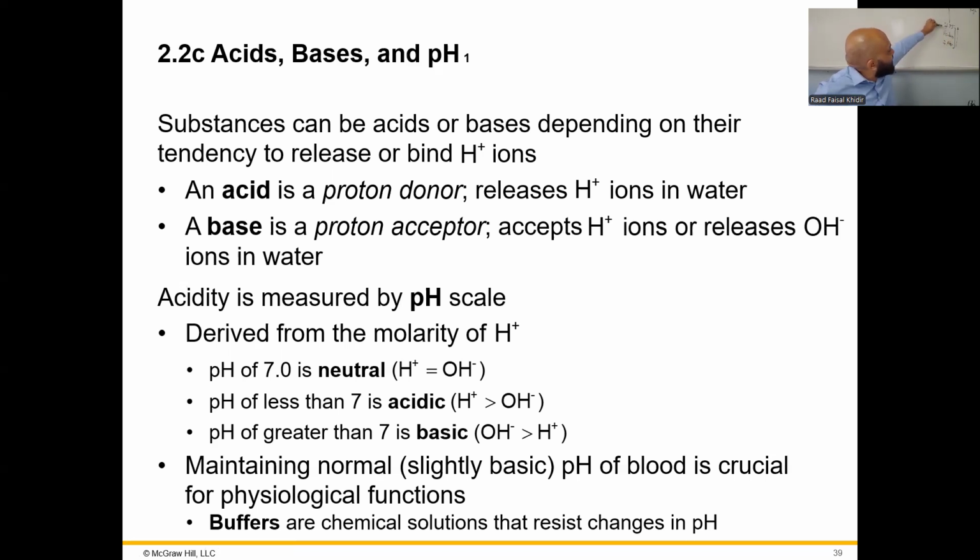We are between 7.35 and 7.45. That's basic. That's why when you drink acidic stuff, it is not healthy for you, because it's going to make your blood acidity go up and your pH go down. So maintaining a normal, slightly basic pH of the blood is crucial for physiological function. Buffers are chemical solutions that resist change in the pH.